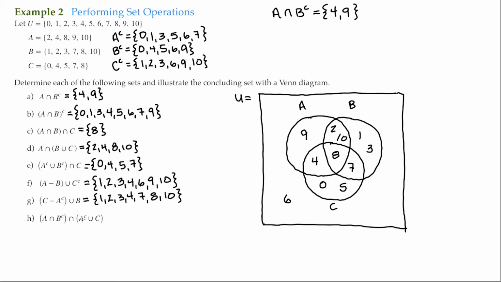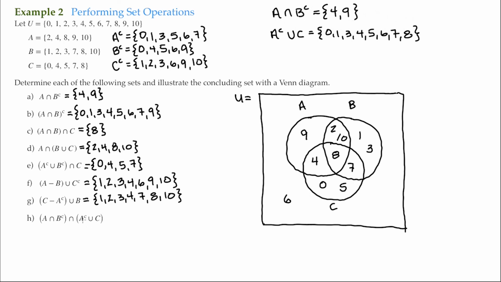Then I'm going to do A complement union C. That's all the elements in A complement and in C. So we have 0, 1, 3, 4, 5, 6, 7, and 8. Now I'm going to find the intersection of those two. I'm going to find the intersection of this here. That's right here.